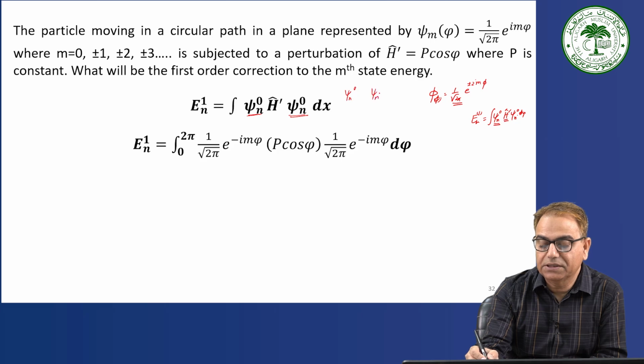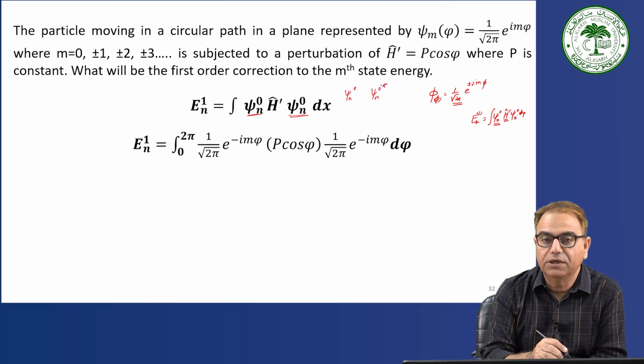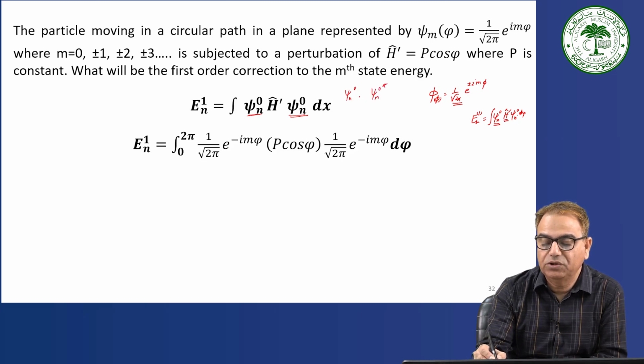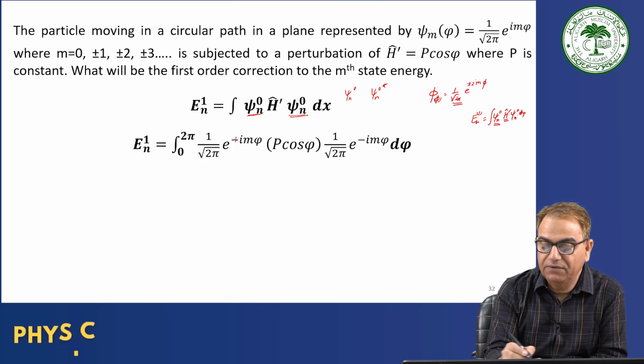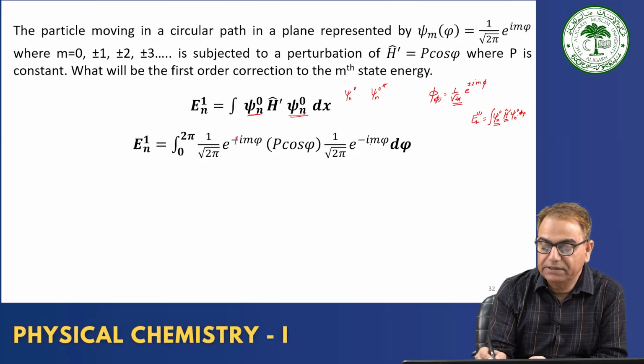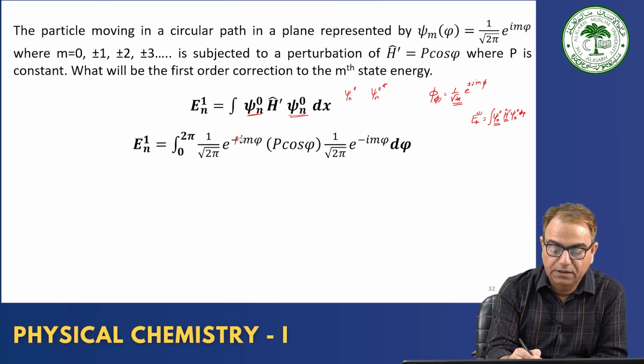You will always have to remember that it depends upon whether the wave function is real or imaginary. If it is imaginary, then the bra wave function will be the complex conjugate. So the complex conjugate should have minus i m phi, and the other plus i m phi, because I have to take the complex conjugate in one case.